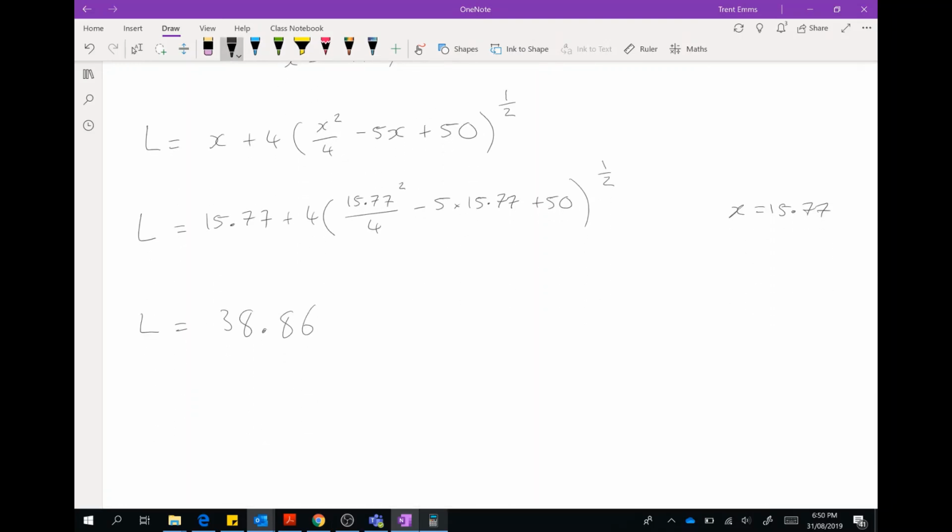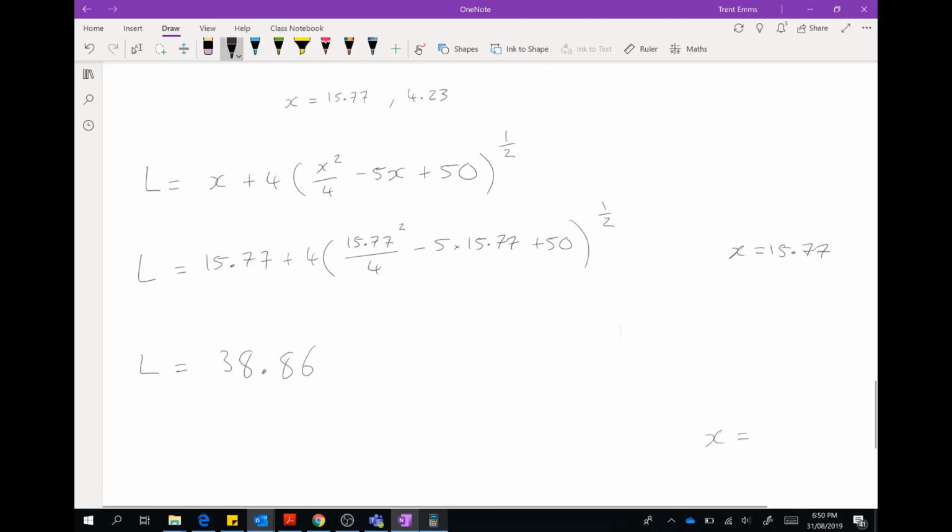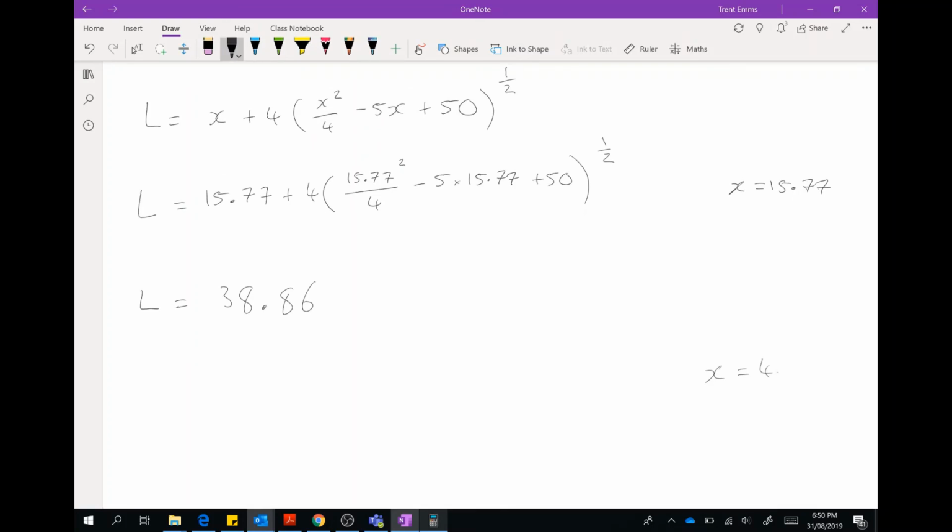And then we'll check it for x is 4.23. 4.23 plus 4 lots of 4.23 squared over 4 minus 5 lots of 4.23 plus 50 to the power of a half.